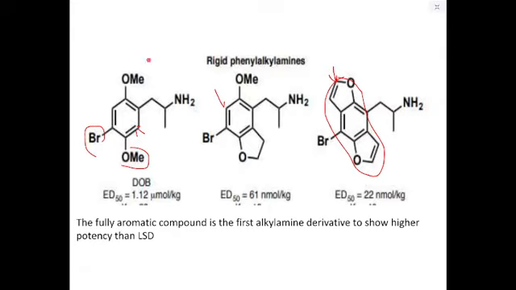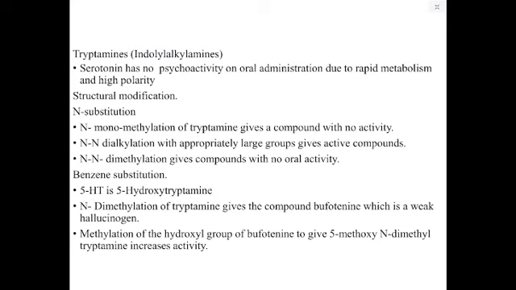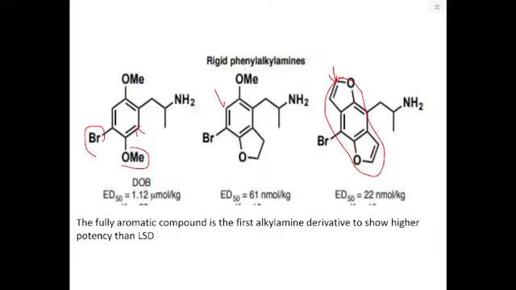It's another SAR, whereby we are saying that even formation of a tricyclic rigid ring still improves on the activity. In other words, the methoxy groups at position number 2 and position number 5 can be made to be part of a cyclic ring with retention of activity, not only with retention, but indeed with increase of activity.